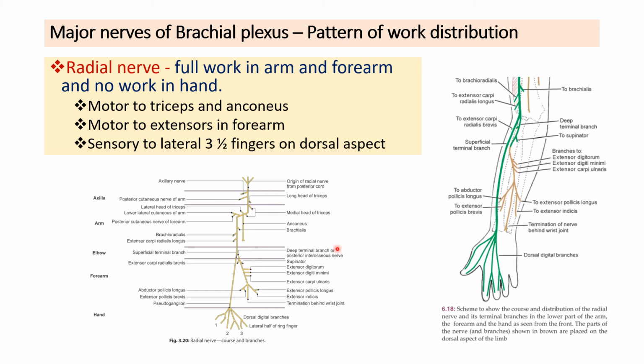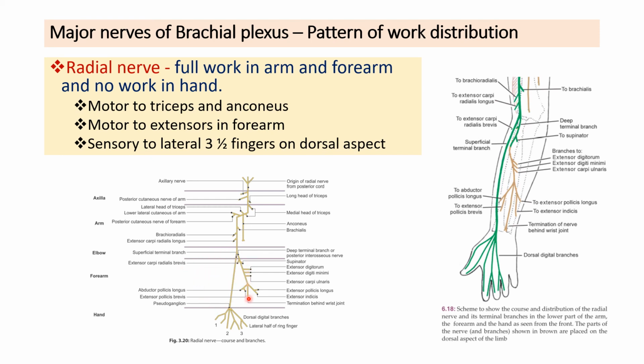And if you see in this image, you can see what are all the muscles that will be supplied by the radial nerve, and they are the supinator, the extensor digitorum, digiti minimi, extensor carpi ulnaris, extensor pollicis longus, extensor indicis.